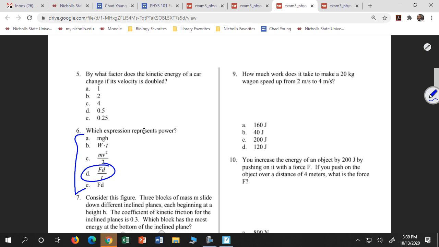But if I ask you the units for, say, energy, then you would say, well, I know energy is 1/2 mv squared. So that's going to be kilogram meters per second squared, so it's kilogram meters squared per second squared. Or if I ask you the units for momentum, that's mass times velocity, kilogram meters per second. Or if I ask you the units for power, that's energy over time, so it would be kilogram meters squared per second cubed.